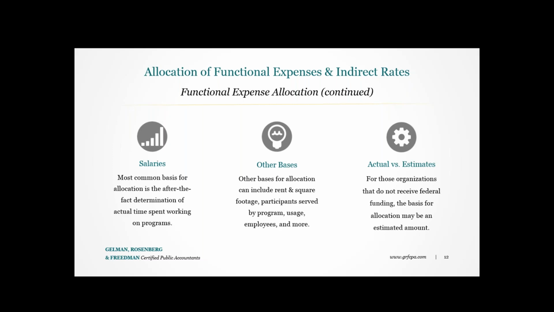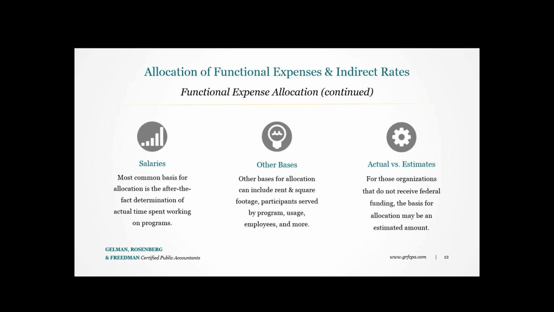They add an administrative burden to an organization for tracking time on a day-to-day, and then taking that and allocating those costs. But outside of those that receive federal funding, and Andreas later will talk a little bit about the requirements, which are much more stringent on those that receive federal funds and tracking of time costs.